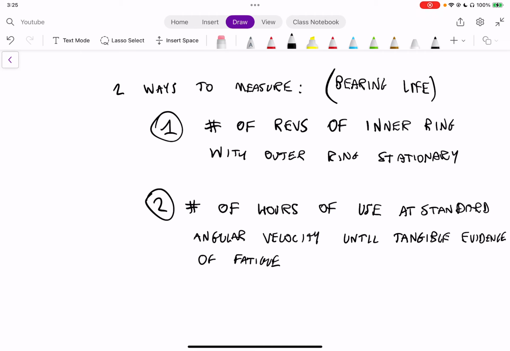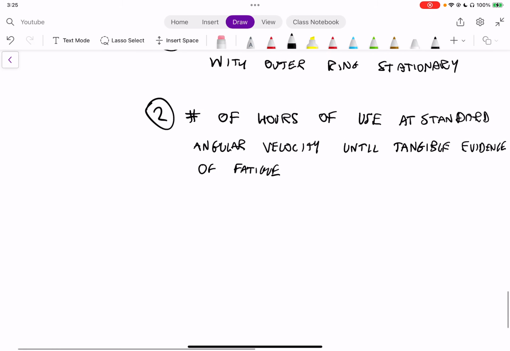One way to measure it is to say, okay, we're going to do an experiment. We're going to have the outer ring stationary, the inner ring is going to be moving, and we're going to count the number of revolutions. The other way is to say we're going to use the number of hours at a standard angular velocity until we see some fatigue. And based on those two different methodologies, we can then come up with a graph of what happens when the bearing fails. And then we can define a life based on that failure graph.